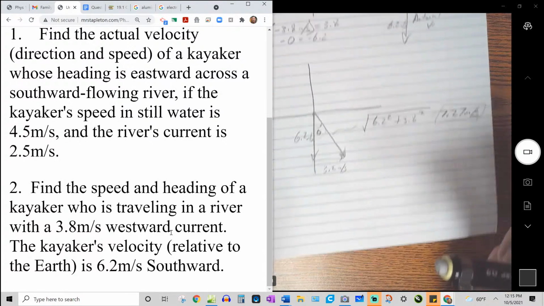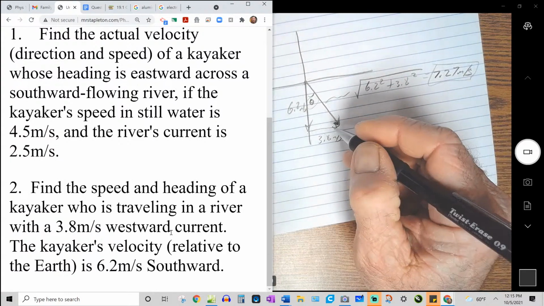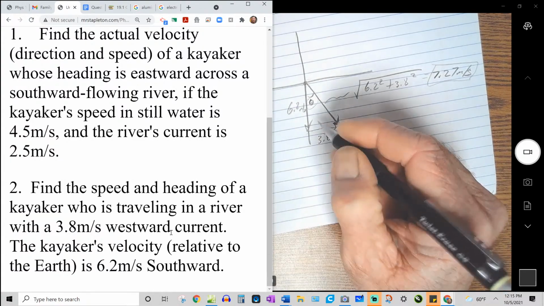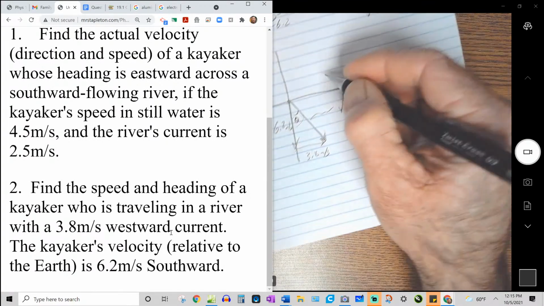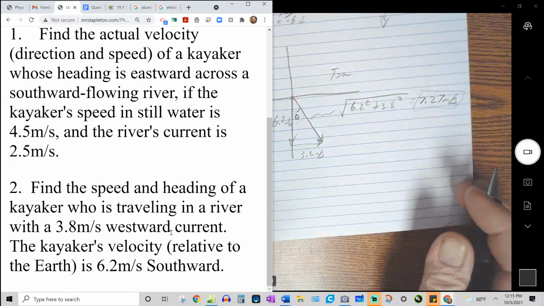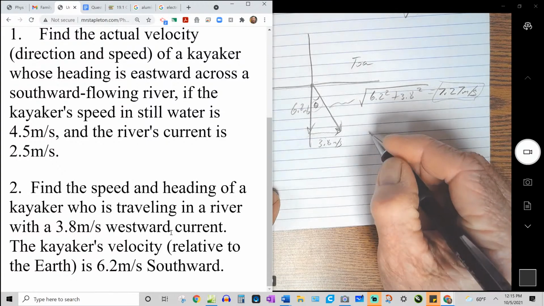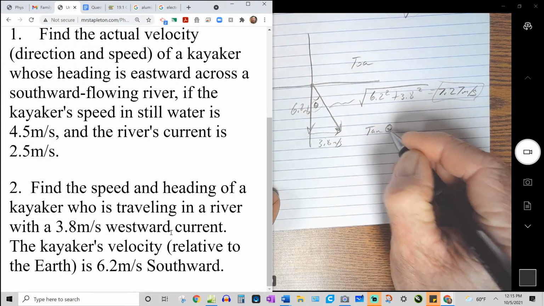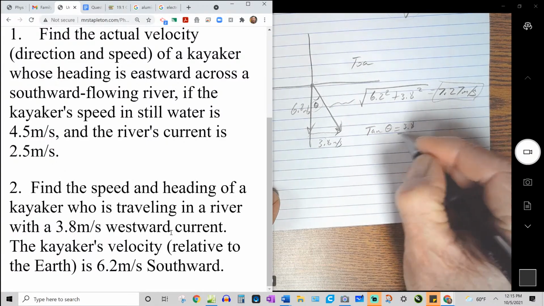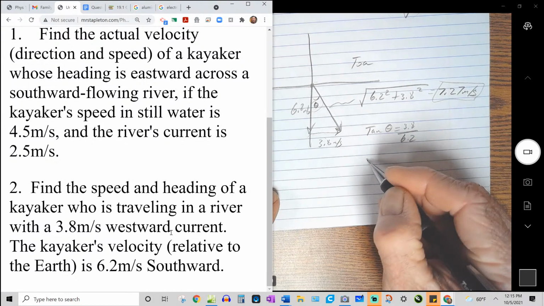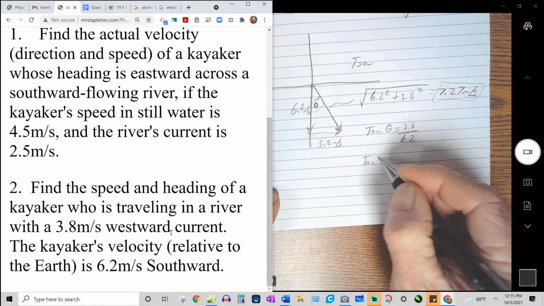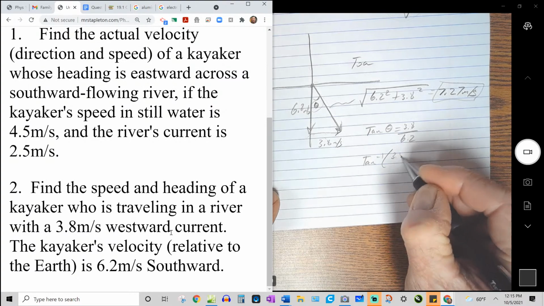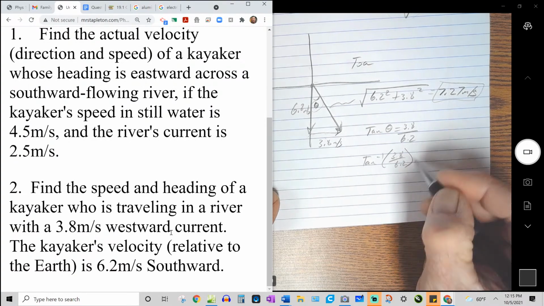But so this is the opposite. This is the adjacent, and that should be tangent. Tangent theta equals 3.8 over 6.2. Therefore, the inverse tangent of 3.8 over 6.2 equals theta.